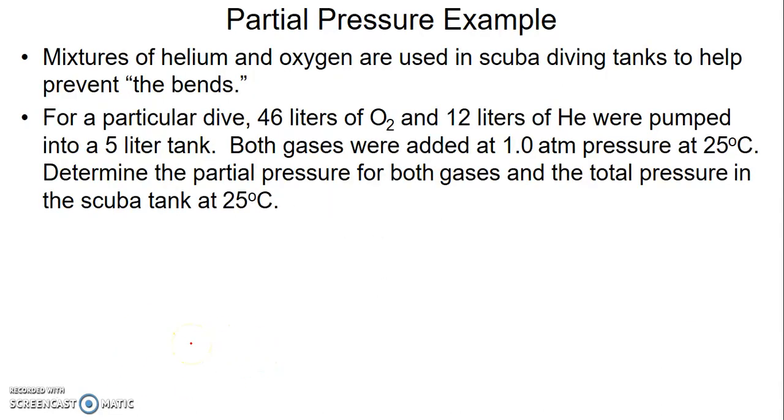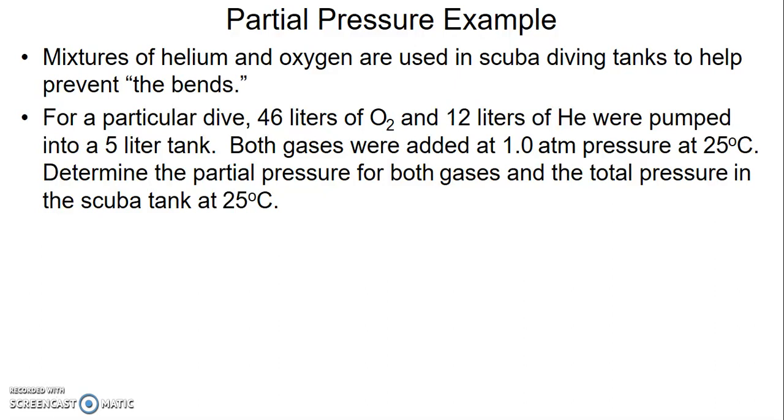Alright, so if we look at this particular problem, we're going to use Dalton's law to figure this out. A mixture of helium and oxygen is often used in scuba diving tanks, and it helps to prevent the bends. So for a particular dive, 46 liters of oxygen gas and 12 liters of helium are pumped into a 5-liter tank.